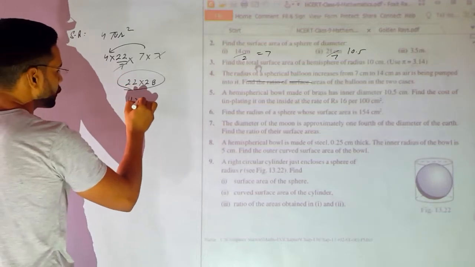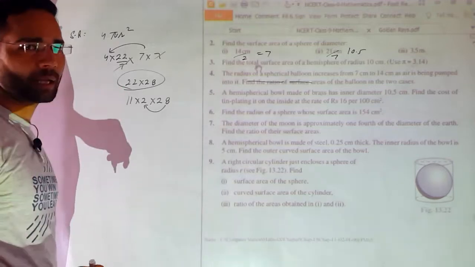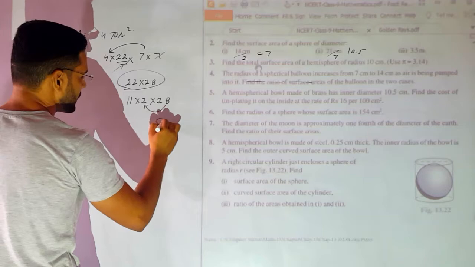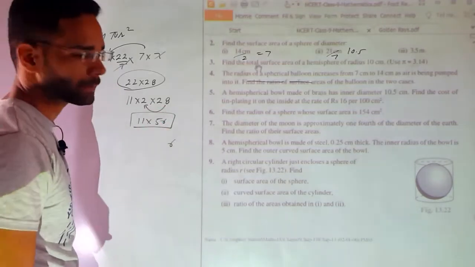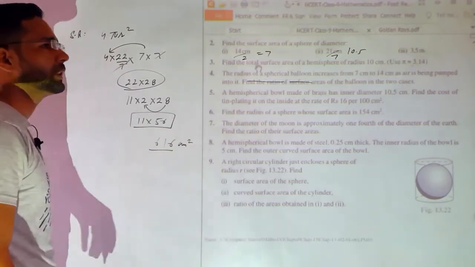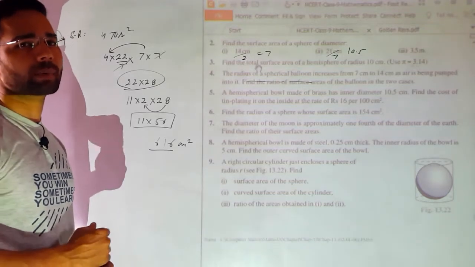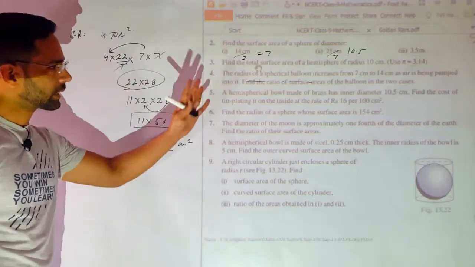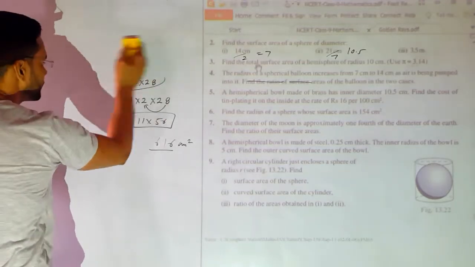Now this is the short trick of the multiplication. 22 means 11 into 2. 28 double is 56, into 11, like this: 6, 6 and 5, 11, 616 is the answer. Without actual multiplication we can solve all these questions by the short trick. Your answer is there. The second and third are for you once again. Now question number three is there.